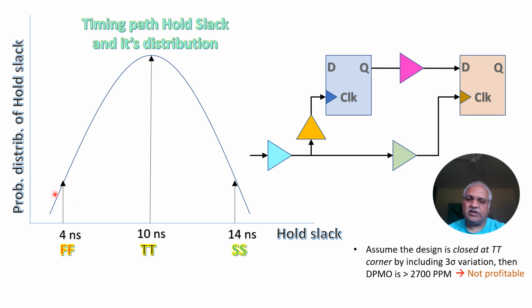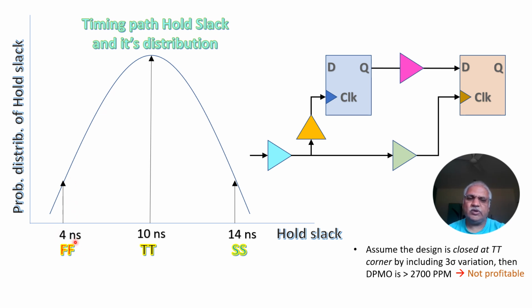We will ensure that the design is meeting in the fast corner when working with OCV derates, or the fast global corner when working with LVF format. We will ensure those conditions and then fix this last part.